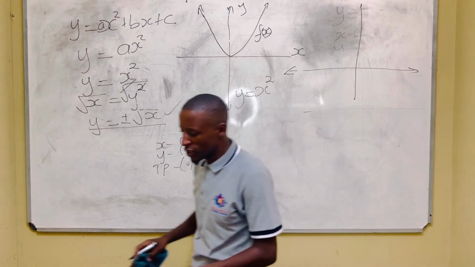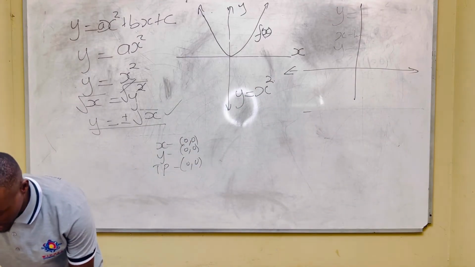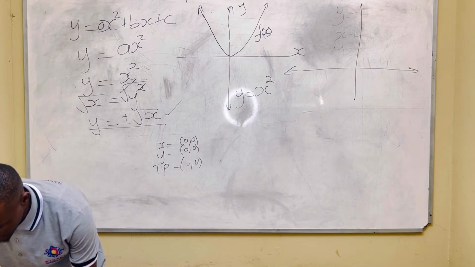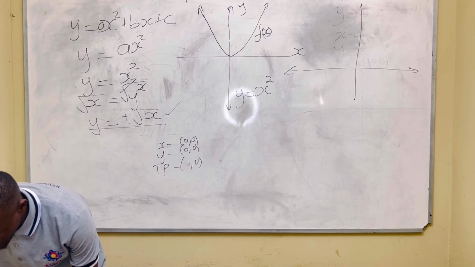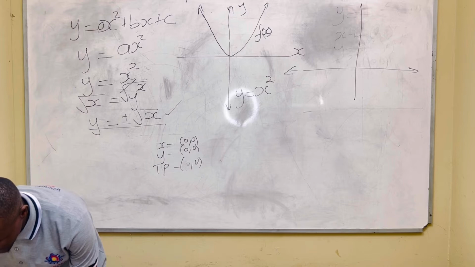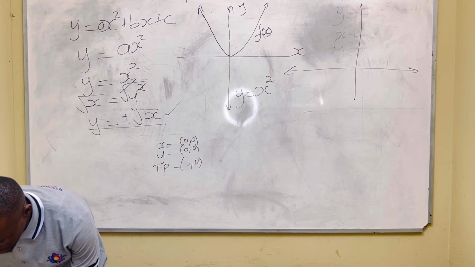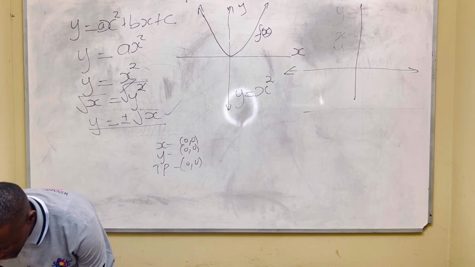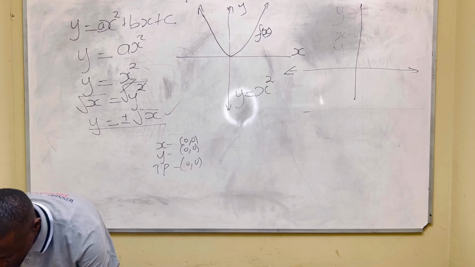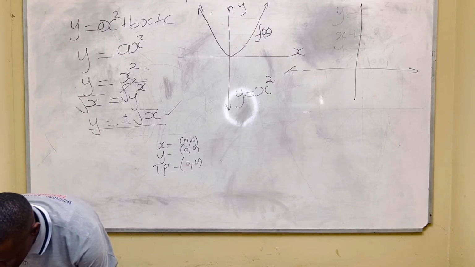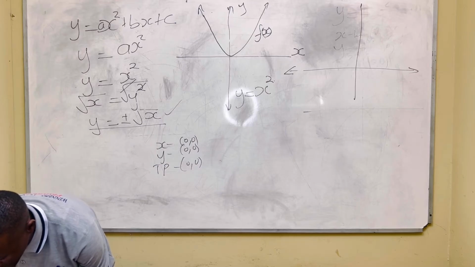If you are looking for the shape of the inverse, you can just draw your original function, then reflect it, and check how the shape of the inverse will change.